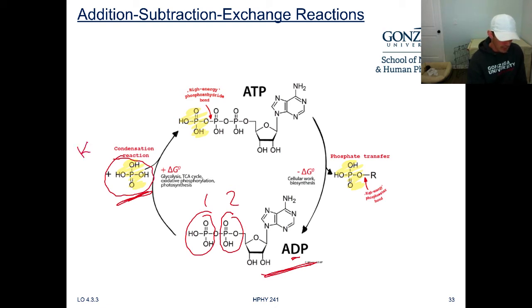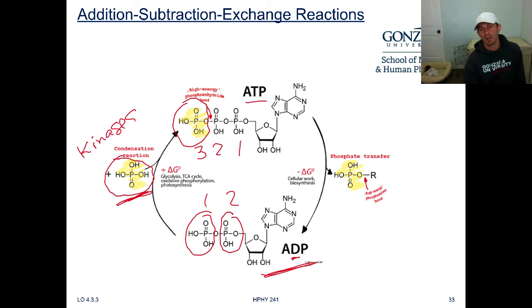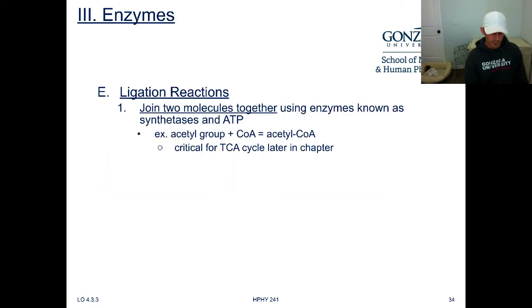So a kinase, an enzyme, adds a phosphate group to ADP, sticks this functional group here on the end, and now we've got 1, 2, 3 phosphates, so that's adenosine triphosphate, okay? And then this reaction is reversible to go from ATP to ADP.